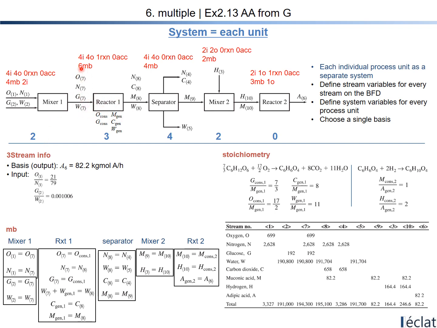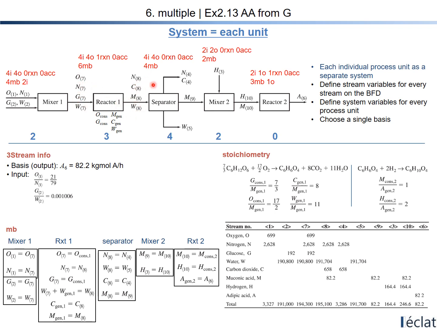4 input and 4 output variables, and we have 1 chemical reaction equation for the reactor 1. So 1 reaction plus 0 accumulation. So totally 9 unknowns. And how about material balance equations? O and G, W and the same, C, M, W the same.